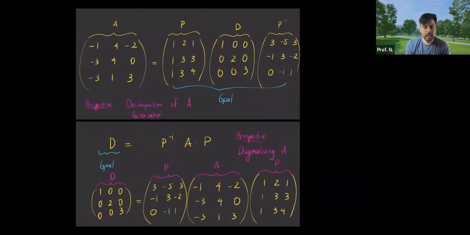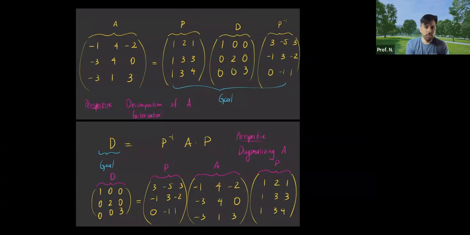You can view diagonalizability as a way to decompose a matrix into a product of three matrices, where the middle one is the diagonal matrix, whose entries are the eigenvalues.